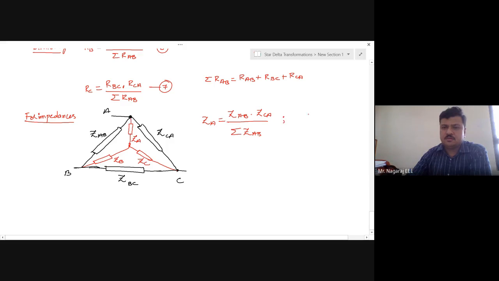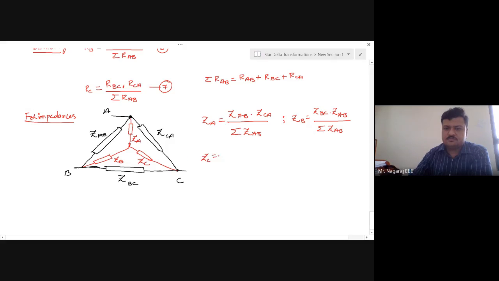ZB is equal to the impedances connected to terminal B: ZBC into ZAB divided by summation ZAB.